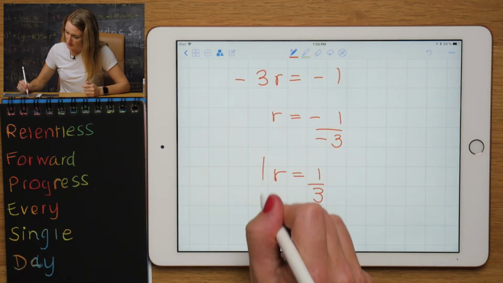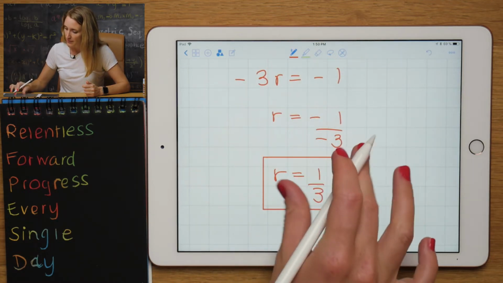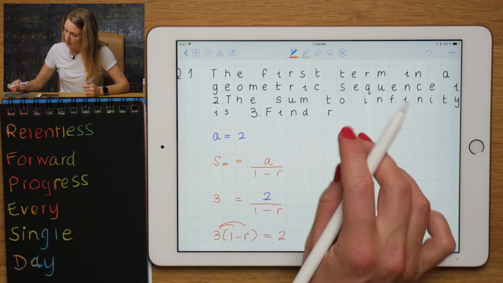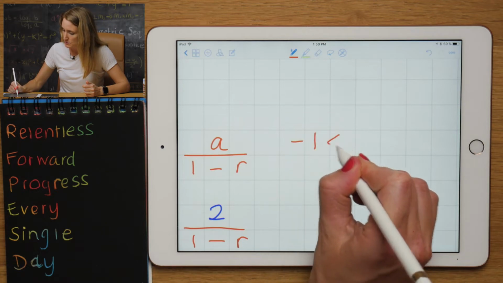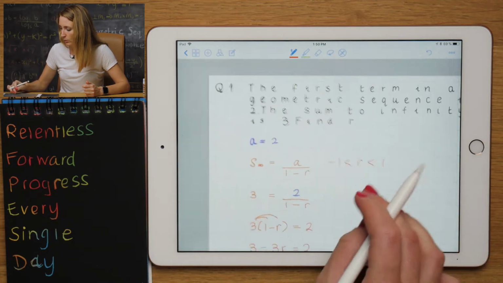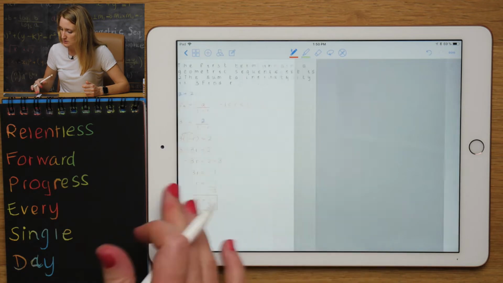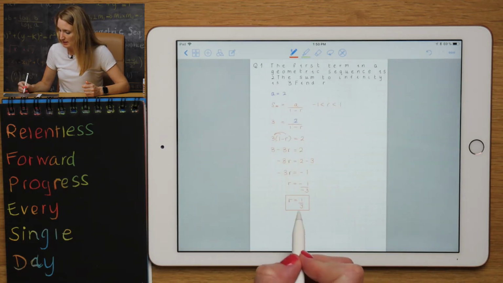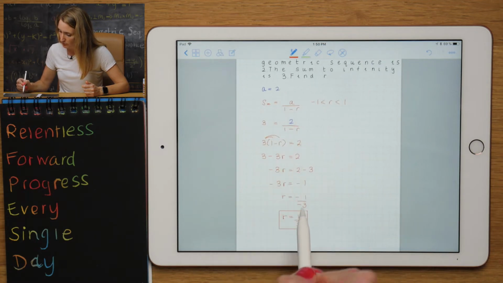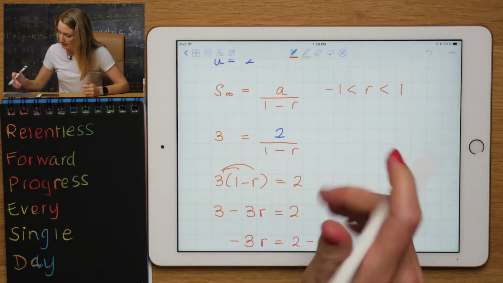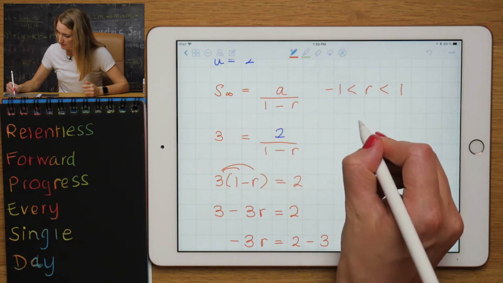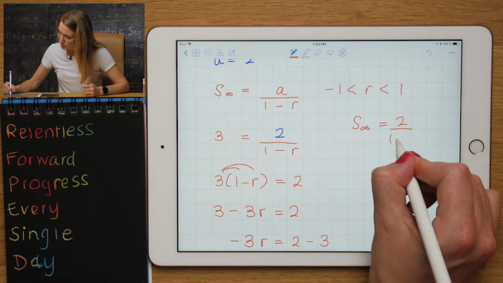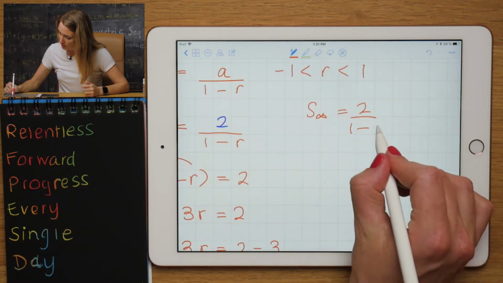Because we were given the sum to infinity formula, that tells us that our value of R needs to be between minus 1 and 1. And we have got a third, so that looks correct. If I was in the exam now, I would take a second and put the 1/3 and the 2 back inside this formula here, like so. Sum to infinity is equal to A, which I've worked out is 2, over 1 minus 1/3.